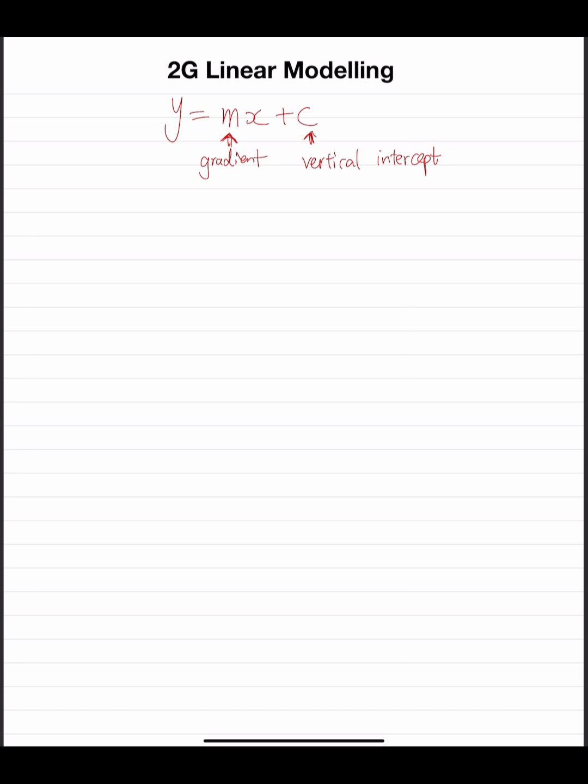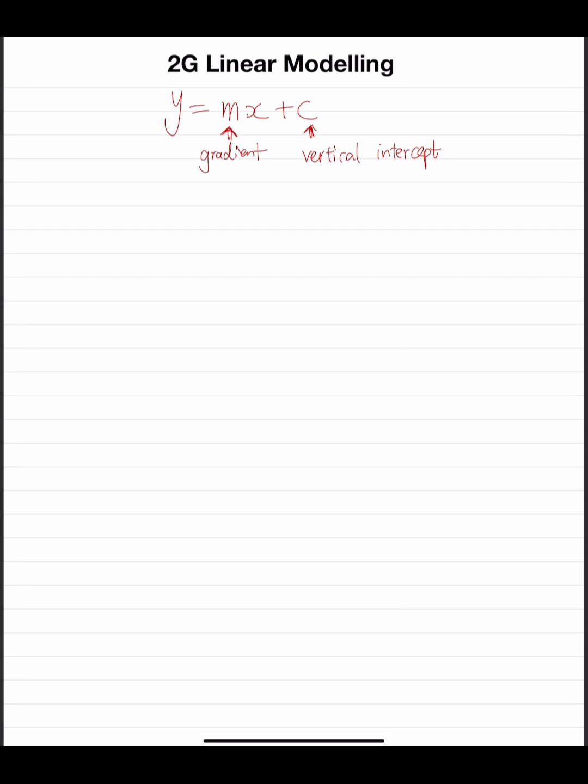Now here I'll give you a few examples of using linear relations to model actual applications. You can have electricity bills, which equal the cost per kilowatt of usage times the kilowatt usage, plus the fixed cost.